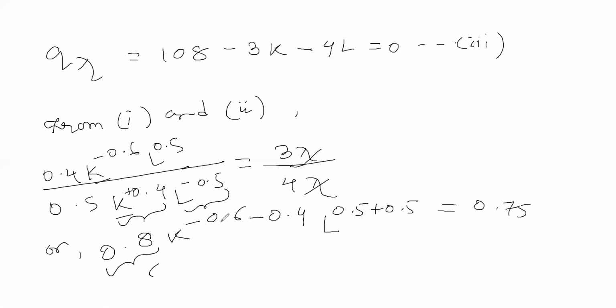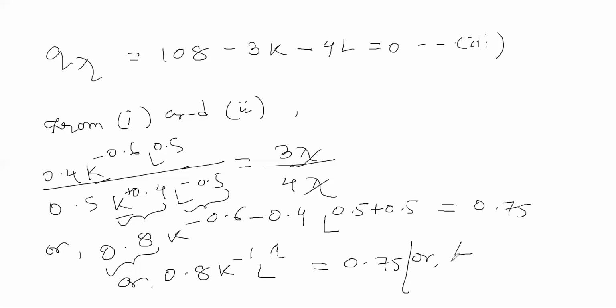Now, from here, we get 0.8 K to the power negative 1 and L to the power positive 1, which is equal to 0.75. Or in other words, if I flip it, if I keep L at the upper level and take K to the lower level, so K becomes positive.